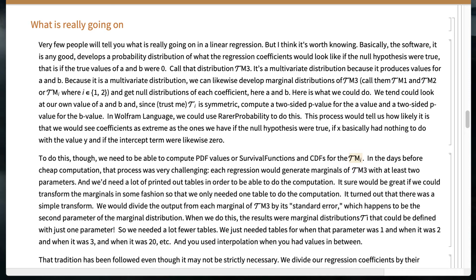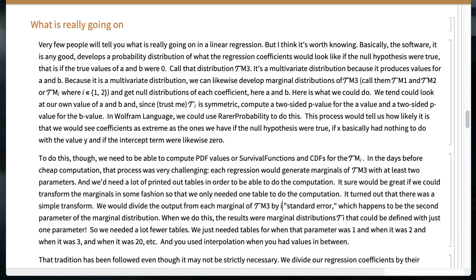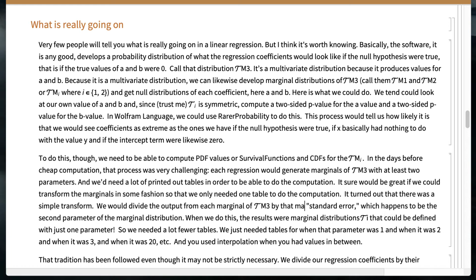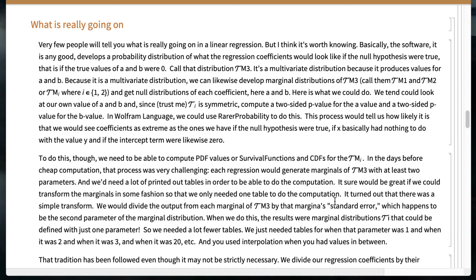So it sure would be nice if we could figure out a way so that we only needed one table or fewer tables. So what if we transformed the marginals? It turns out that there's a simple transform that does the job. We divide the output from each marginal of TM3 by that marginal's standard error, which it turns out is the second parameter of the marginal distribution.